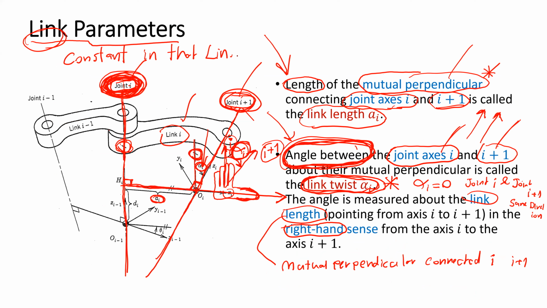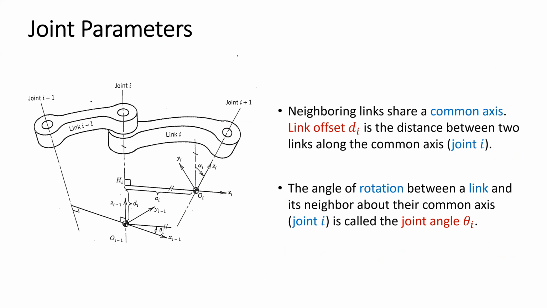But for the joint parameters, sometimes they are not constant, depending on the joint position. The first parameter is the link offset.